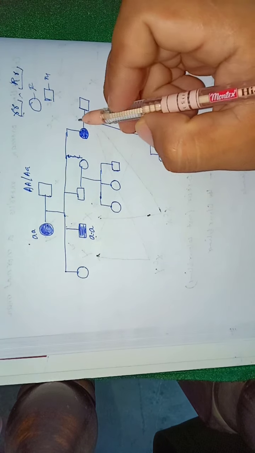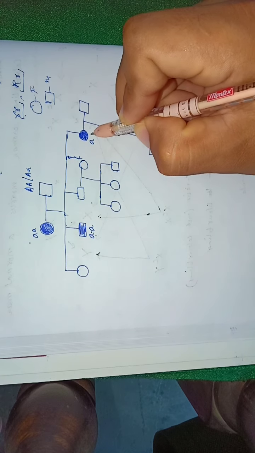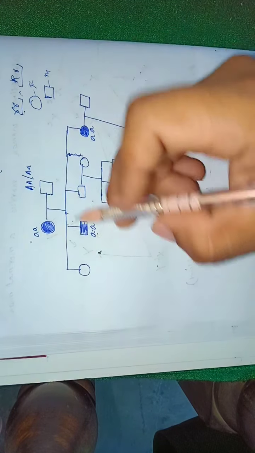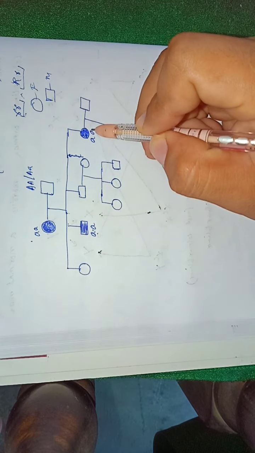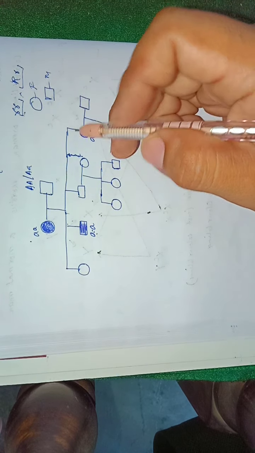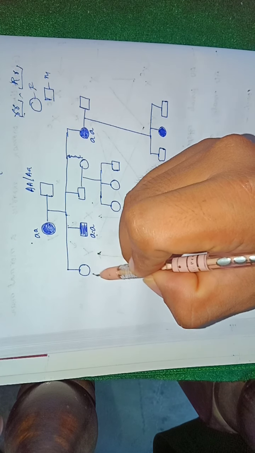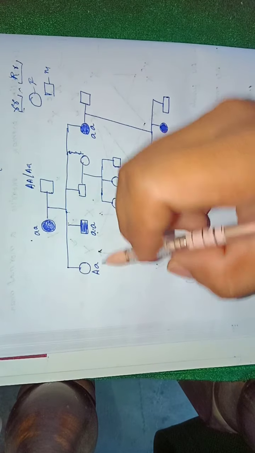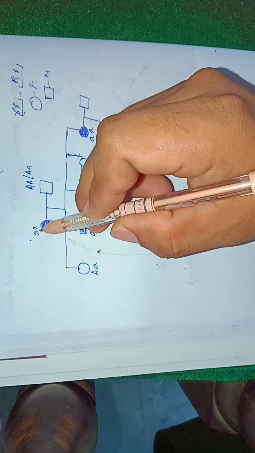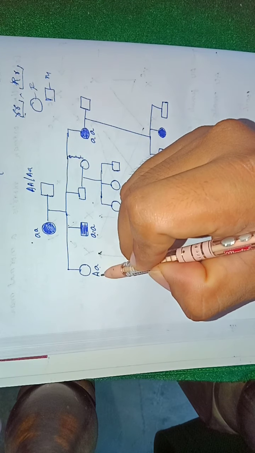Here also this one is infected, so one a will come from the father and one a from the mother. So this shows that this male and female are fully affected by sickle cell anemia. Here they may have either Aa or AA, but the possibility is that since the mother is affected with sickle cell anemia, one will come from the mother and one from the father.